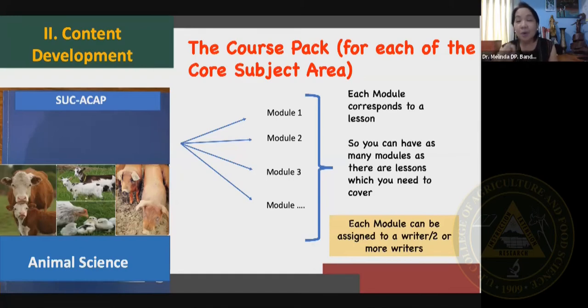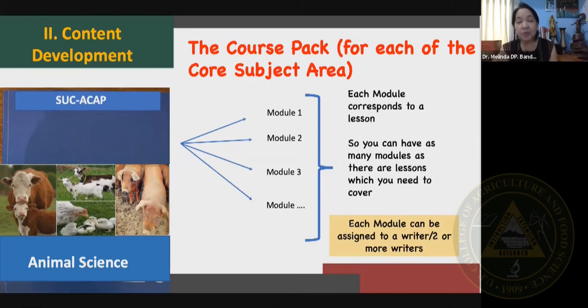And each module can correspond to a lesson, di ba? So therefore, you can have as many modules as there are lessons which you need to cover. Kung ilan yung lesson, depende sa learning outcomes. Depende sa learning outcomes, kung ilang lesson yung ma-identify ninyo, then meron kayong ganong kadaming modules. Okay?